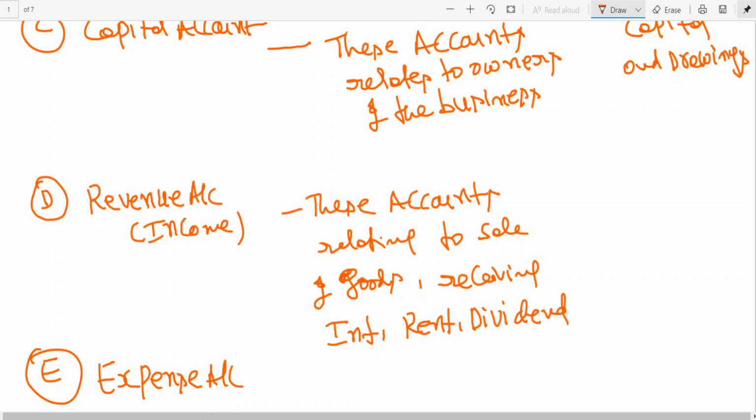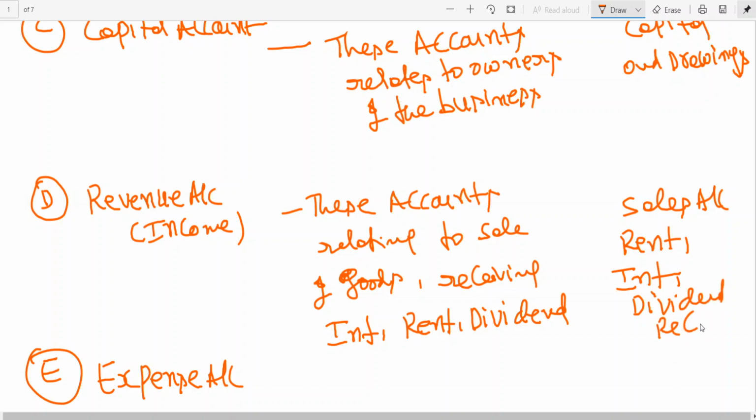Sale of goods, receiving interest or dividend. In simple words, the same thing: sales account, rent account, interest account, dividend. In all these cases we can write rent received, interest received.